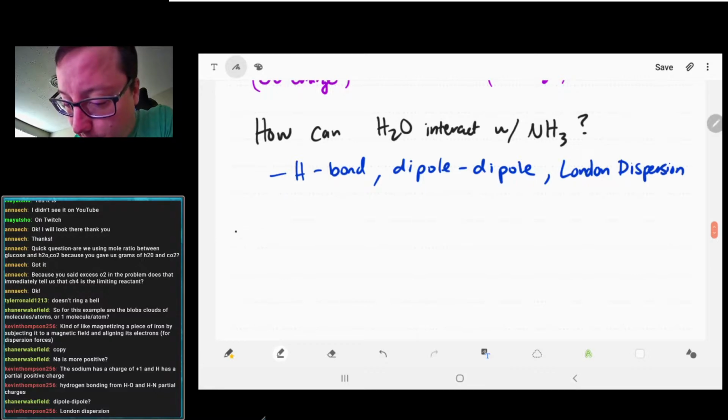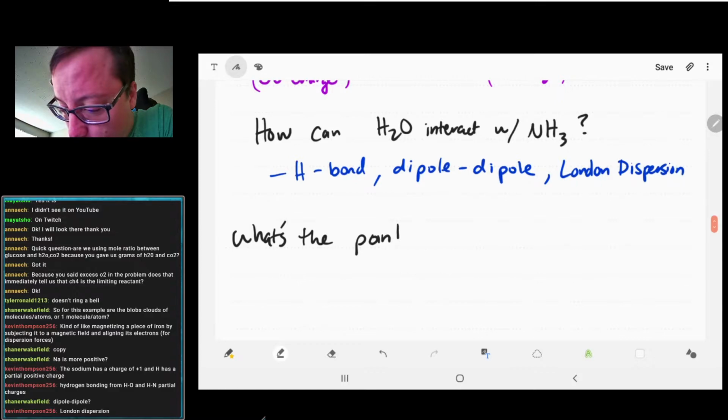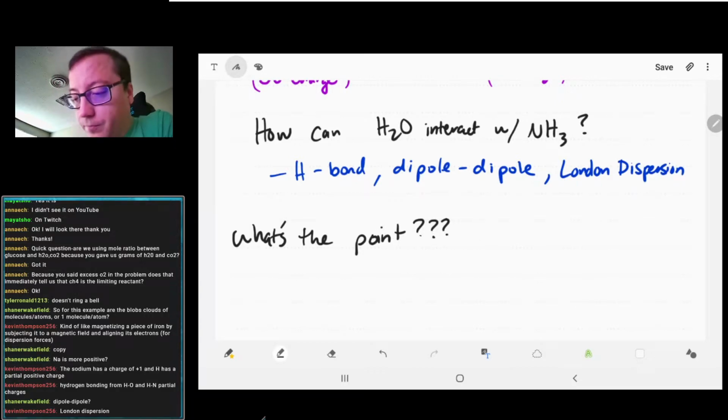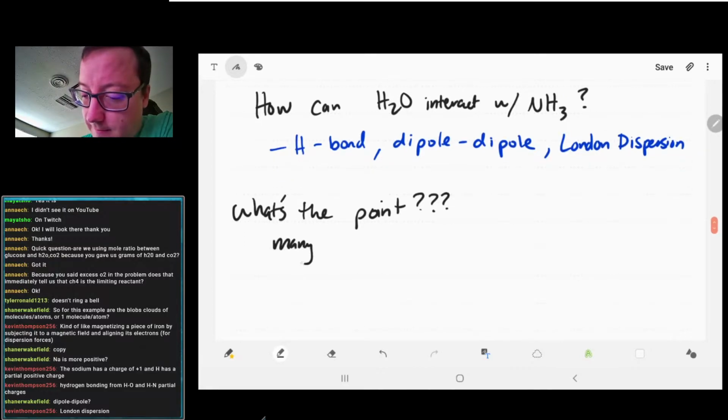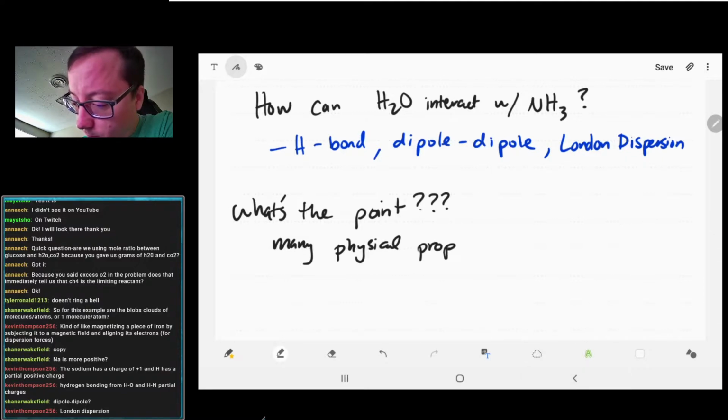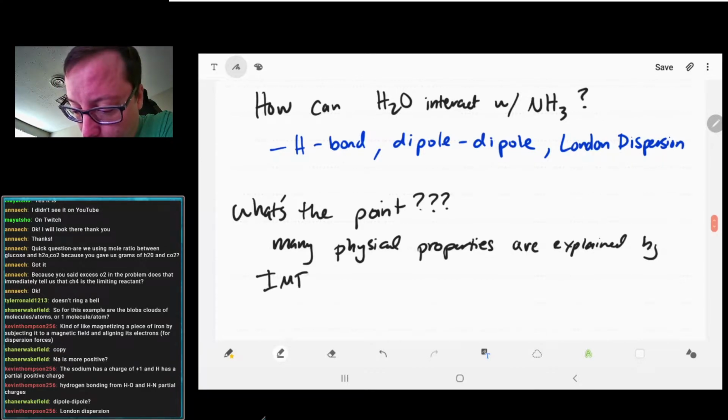So what's the point? We're going to see that many physical properties are explained by intermolecular forces.